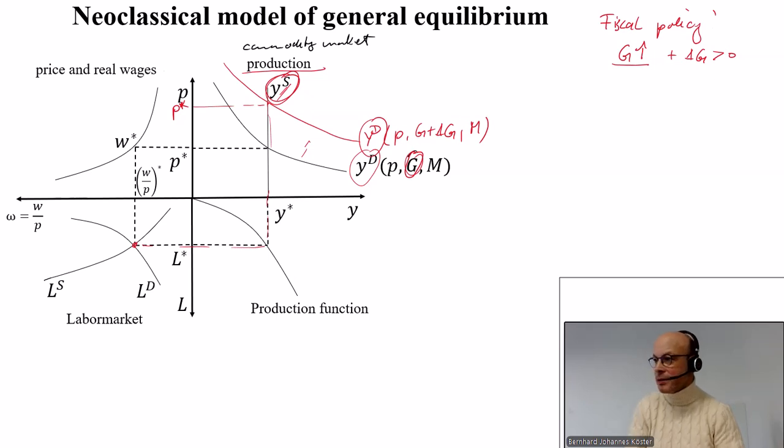It is not happening because we are assuming totally flexible prices. And this means, although we still have the same real wage rate in equilibrium, omega star, the people within the labor market, we, the consumers, the workers, they see, well, now we have to pay higher prices.